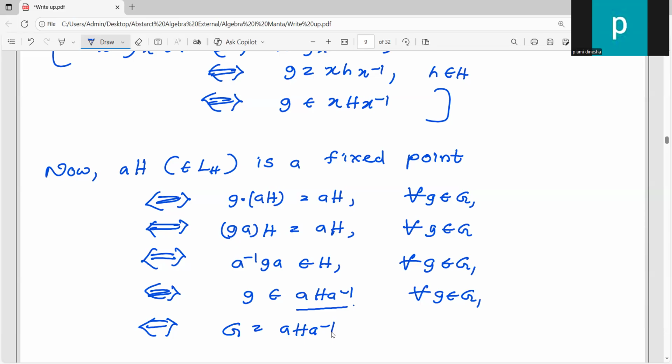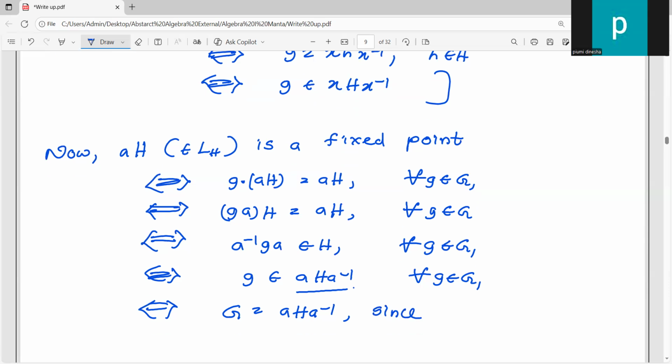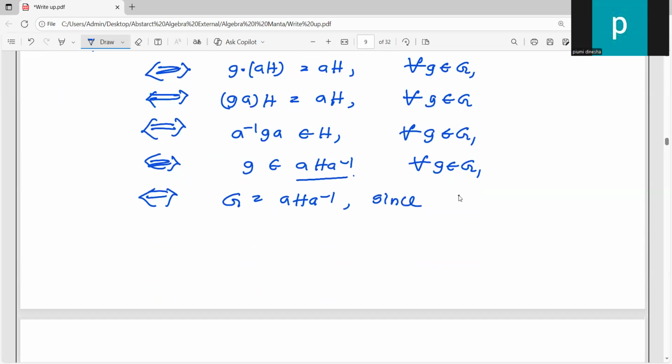We know aHa inverse will always be a subgroup of G. Therefore, the only option is for G to be equal to this set, right? So let me write it as: since aHa inverse is always a subgroup of G.